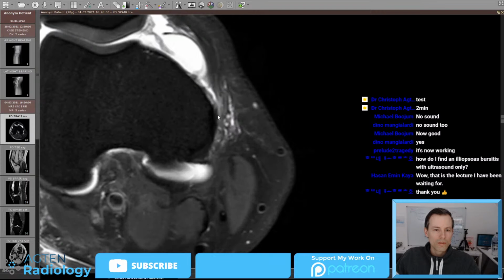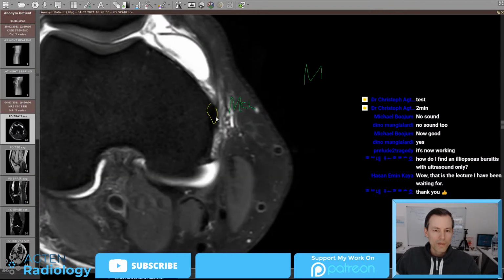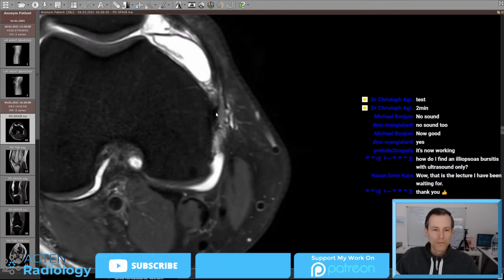Now, so this very top here, the posterior oblique ligament, POL, its origin is very close to the MCL origin, but it's a little bit more distally and a little bit more posteriorly. So maybe not here, but somewhere here.